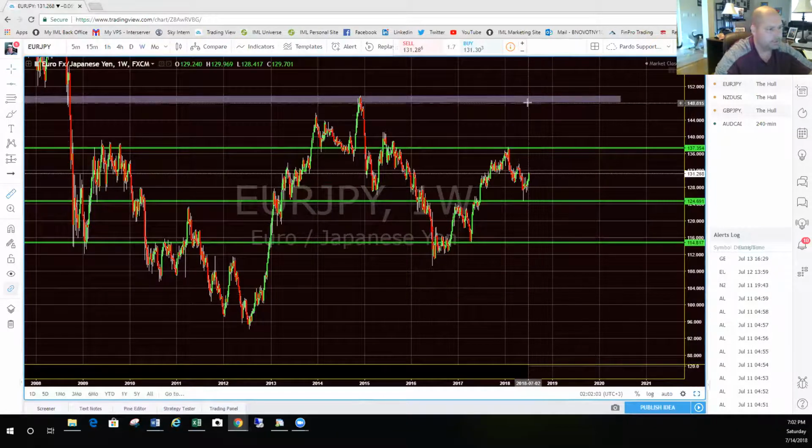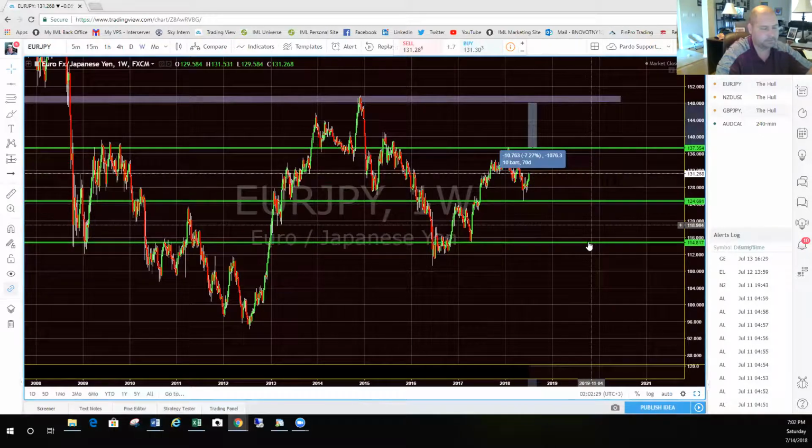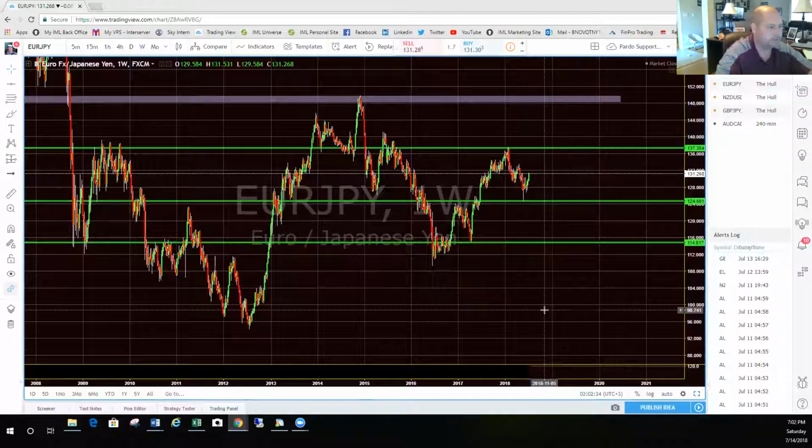And I would always click the bottom of the top and the top of the bottom when you're looking at your distance, because you'd rather estimate less than greater, just to be conservative when you're measuring your risk to reward ratio. So we're on the weekly chart, and this is 1,000 pips. I would basically say every one of these is pretty close to 1,000 pips. So a lot of pips can be made on these moves.